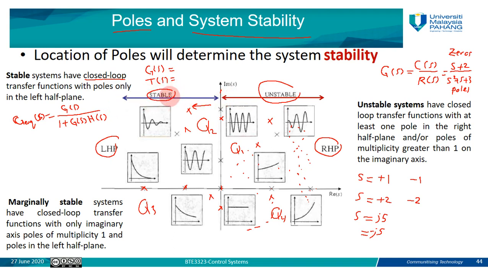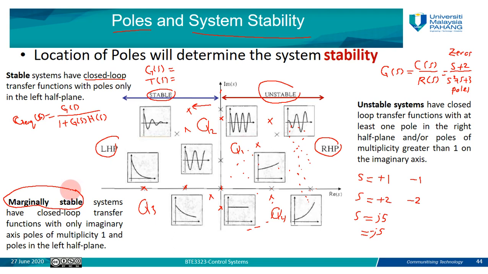Okay, so this is how we can define the system stability by identifying the number of poles and the location of poles. Then we have one more case, we call it marginally stable, that we mentioned before. Marginally stable, we said the system is not absolutely stable, the system is stable for specific input only.